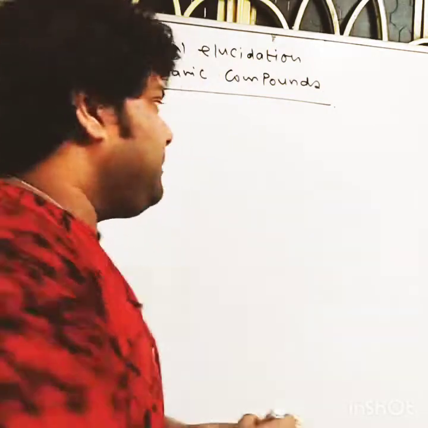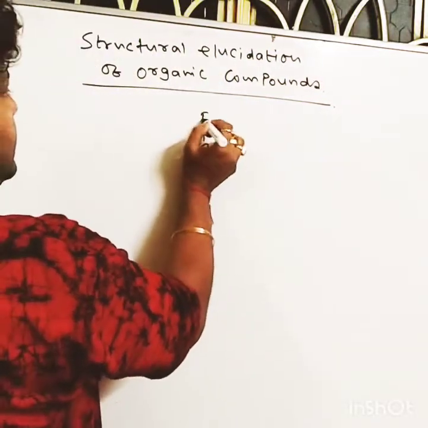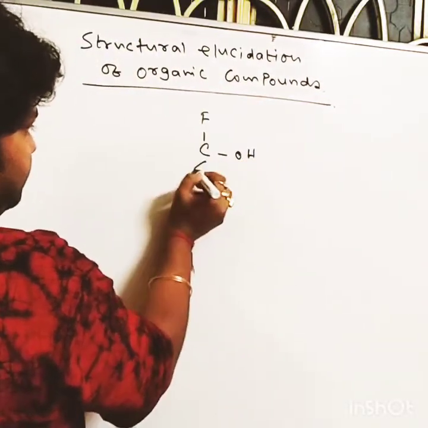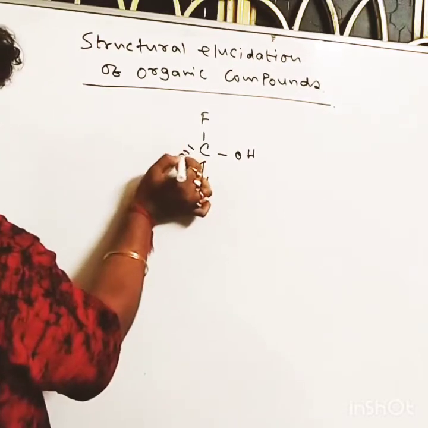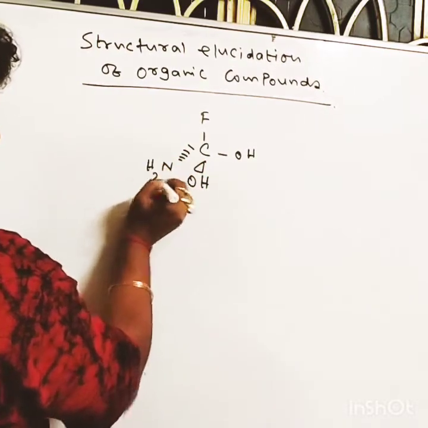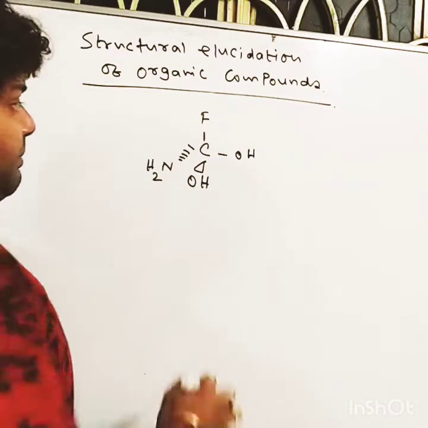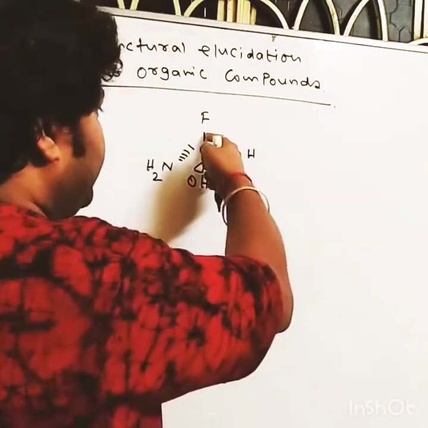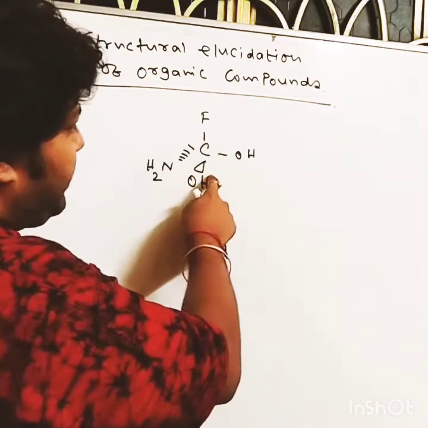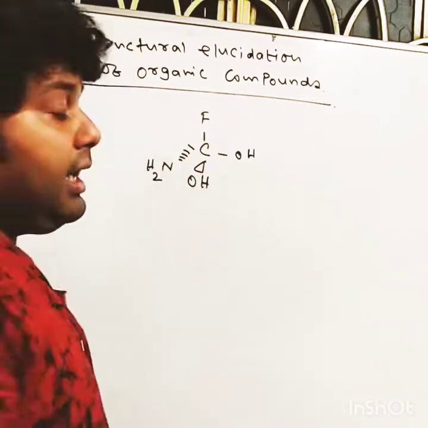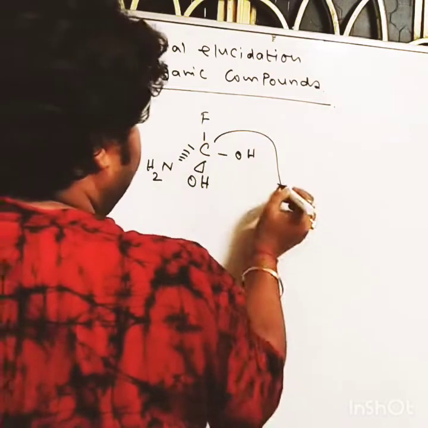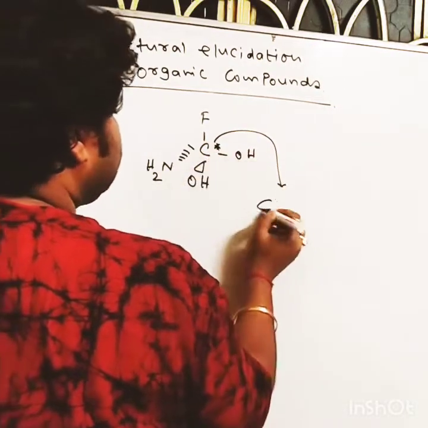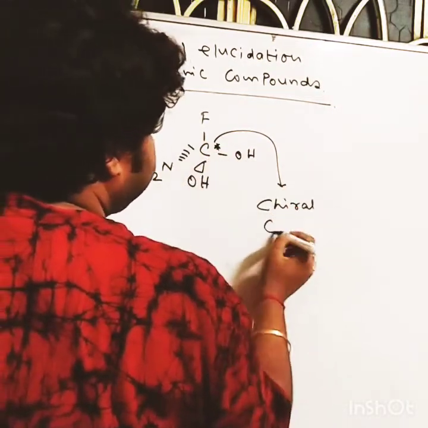But what if we connect some different types of groups to it? Clear? So remember, at this point, things are the same. You have a normal bond here, a normal bond here, a solid wedge here, and a dashed wedge here. And you know, this carbon at this particular moment is known as the chiral center.